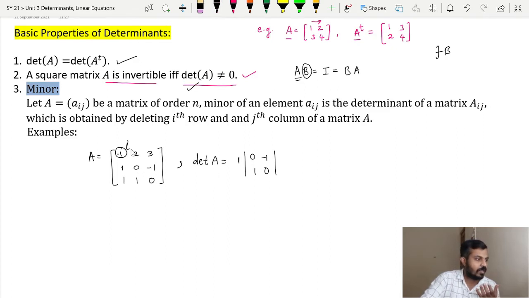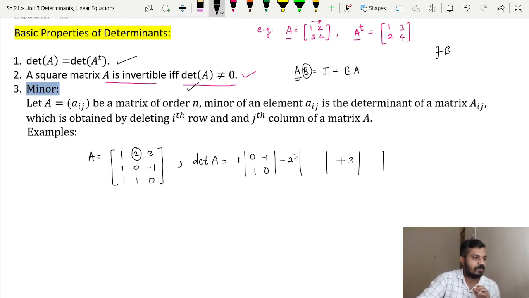Next, we have alternate plus or minus signs, just keep it in mind. The next entry in the first row is 2, so I will write minus 2 over here because of the alternate plus or minus sign. Initially I wrote only 1, in fact plus 1. Next I am writing minus 2. The next term over here will be plus 3 and the determinant of some matrix.